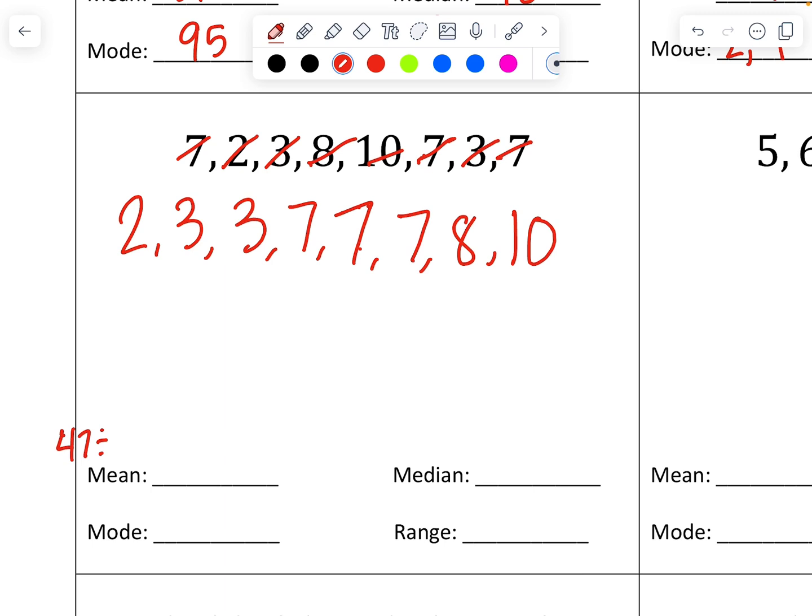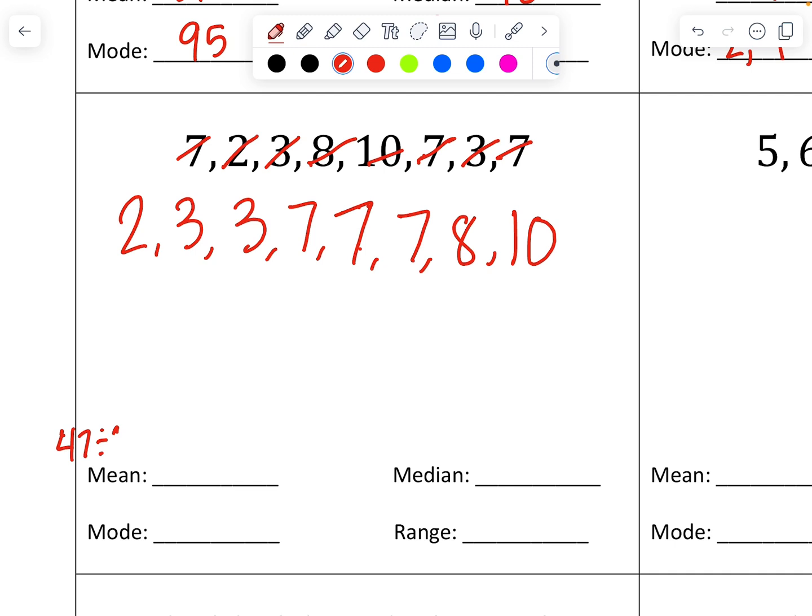And you should get 5.875. But we're going to round that just to 5 9/10. So 5.9. On your homework, I don't think you'll have to round. I think you'll be able to just put the decimal in because you're not going to get long decimals.